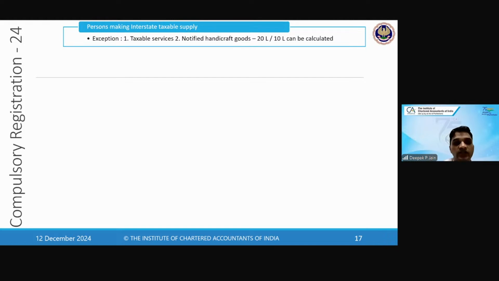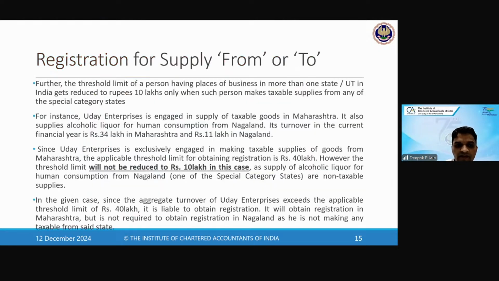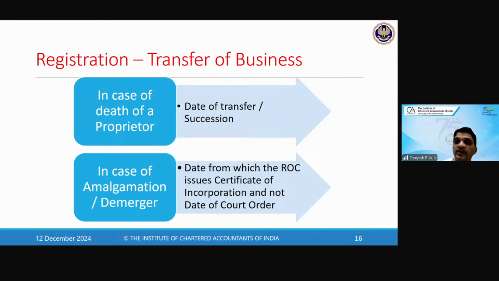Amalgamation is different, takeover is different. In case of transfer, they have not said anything, right? They have said it only in case of amalgamation. In case of a transfer, the existing business is closed and the new company is acquiring it, so that existing company's GST will continue.